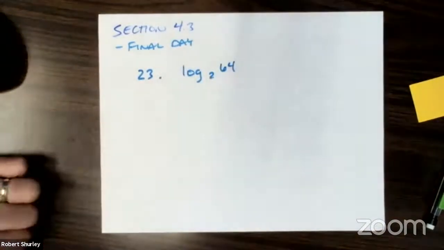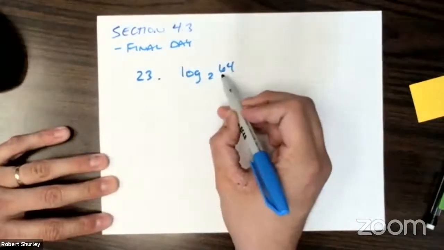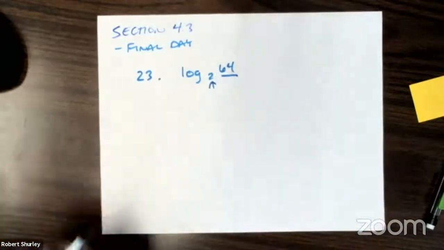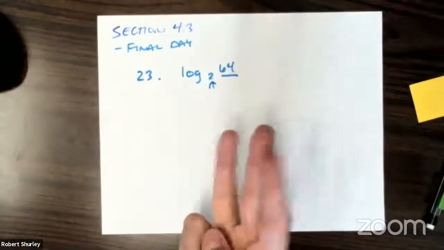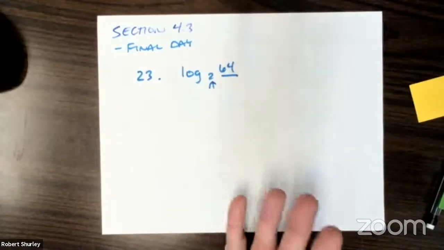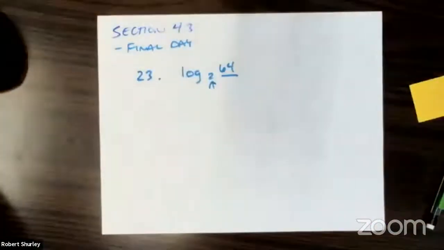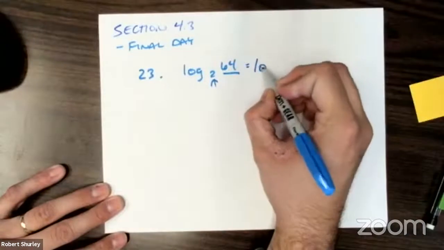And the question states, evaluate each of these without using the calculator. So remember, your goal is to get 64 into a base 2, which you can. 2 times 2 is 4, times 2 is 8, times 2 is 16, times 2 is 32, times another 2 is 64. So it turns out 64 is 2 to the 6th power.